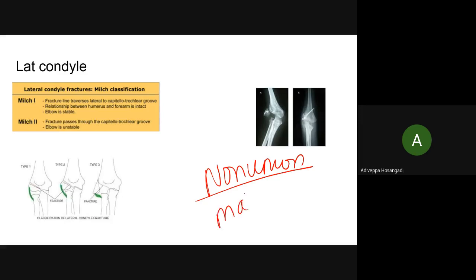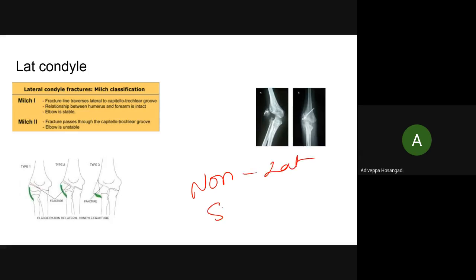Supracondylar malunion, lateral condyle non-union. Non-union is lateral condyle. Malunion is supracondylar. There are certain important terminologies. You will come to that. Malunion supracondylar cubitus varus, non-union lateral condylar cubitus valgus.